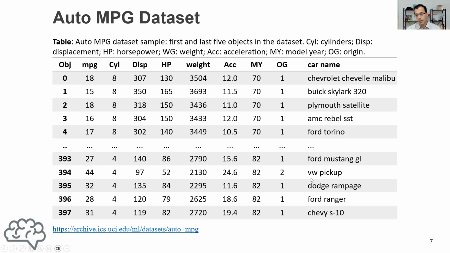Okay, and the car name. But the car name is an ID. It's usually only an ID variable that is not used when we are doing analytical processes because it's like the object number. Unless you have many cars with the same name, in this case, we have a single car with each name in this table. This variable is usually discarded in our analysis. This is also a data set from the UCI repository at the University of California at Irvine.